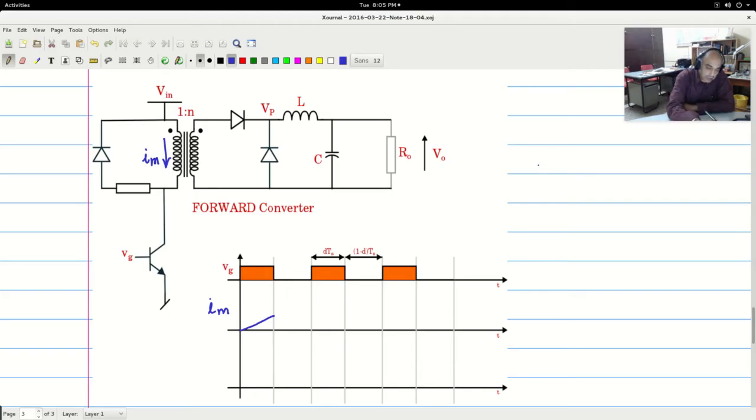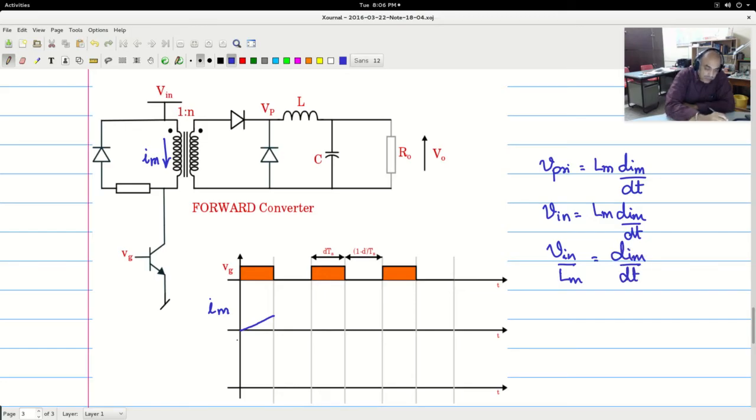The reason is that voltage of the primary is equal to Lm dim by dt. So as V primary is nothing but V in, which is equal to Lm dim by dt, dim by dt is equal to V in by Lm, the rate is constant.